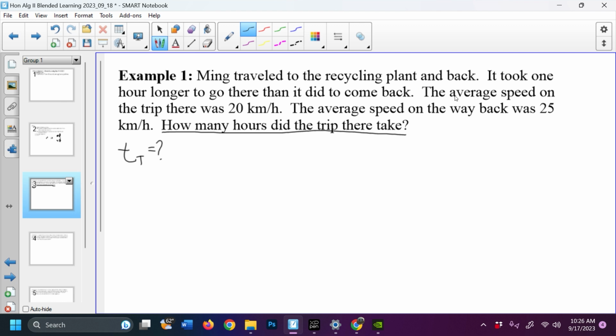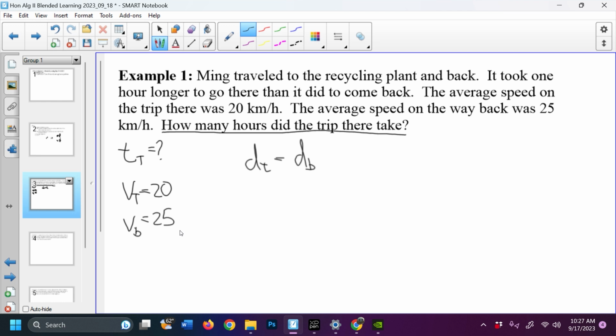Since I'm going somewhere and coming back, the distance there is equal to the distance back. I know that I have an average speed on the trip there, so the velocity there was 20 kilometers per hour, and the velocity back was 25 kilometers per hour.